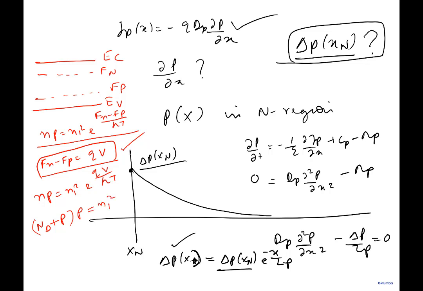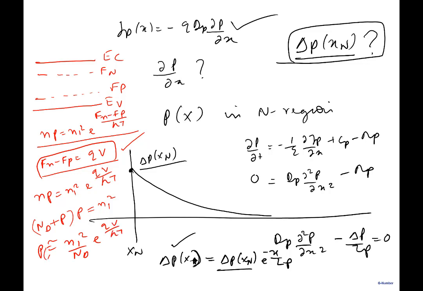I'm not doing an exact ni square here. n equal to Nd plus p, or n is almost equal to Nd here. So you get p approximately, with low level injection, ni square e to the power qV by kT.